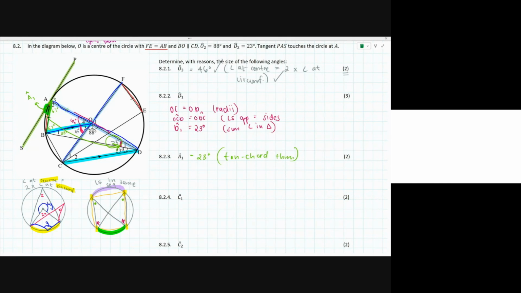Right, we then want C1. I feel like my diagram's becoming a bit overwhelming, but we move. So here's C1. What is the size of C1?